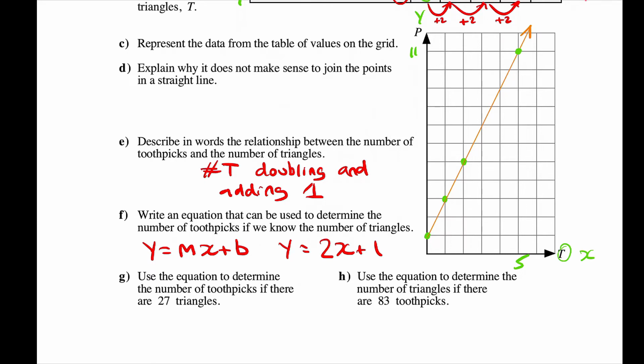Again, the 1 right here is the y-intercept. That's this point right here where it's crossing the y line. And this number 2 is the same as 2 over 1. And that's what's happening here. I'm going up 2 over 1, up 2 over 1, up 2 over 1.